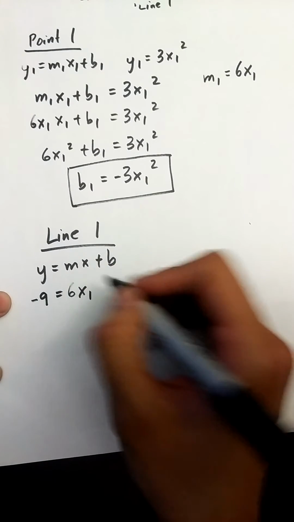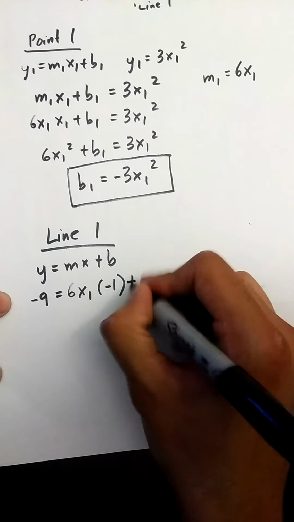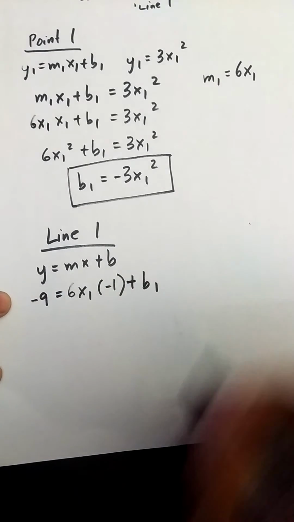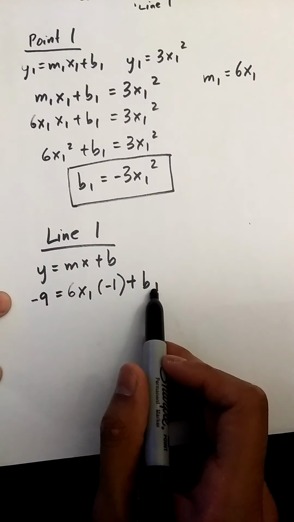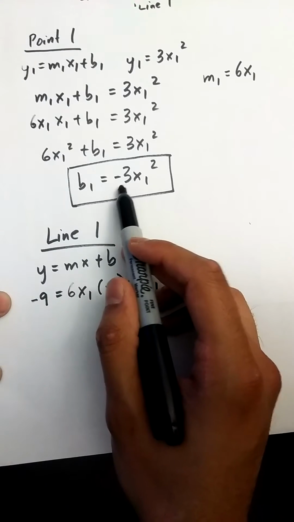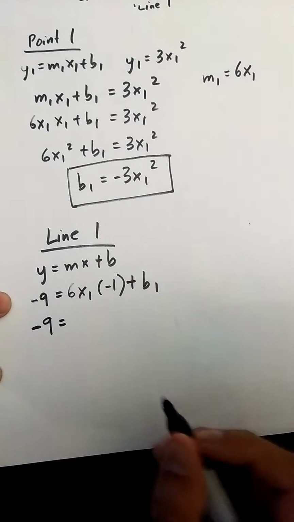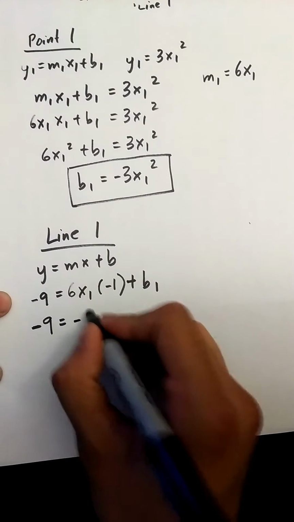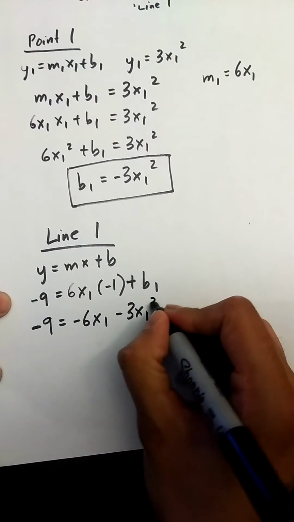And then I know that my x is -1. And then my b is just going to be b1, which I found from the previous point right here: -3x1 squared. I'm going to sub that in, and I'm also going to simplify this equation a bit. So that's going to be -6x1 minus 3x1 squared.